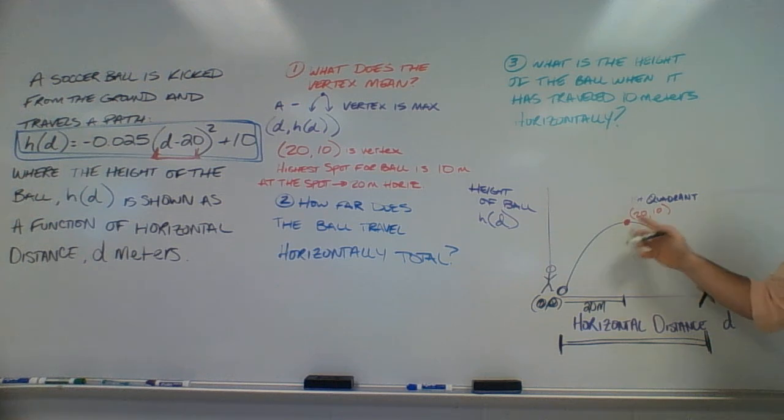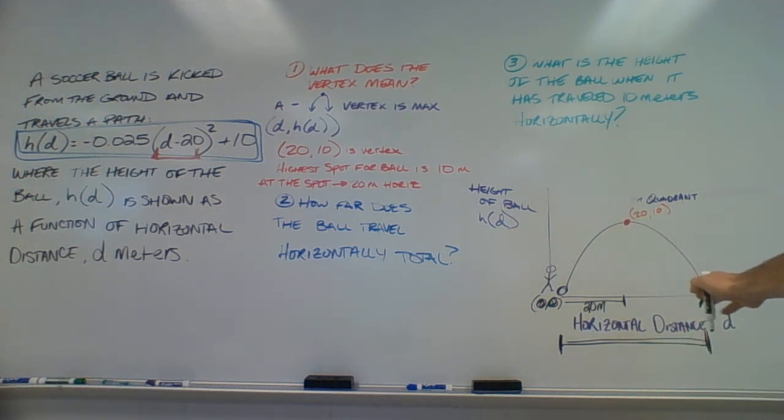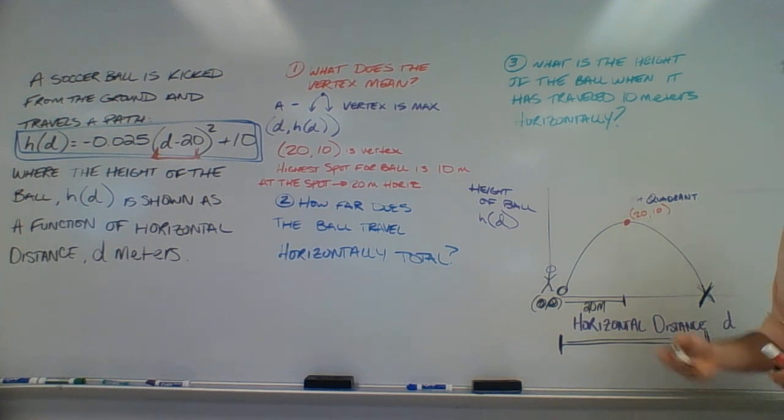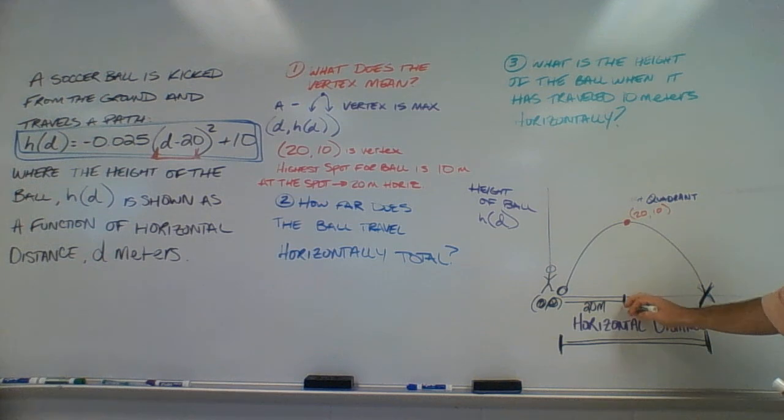Again, the vertex here is at 20, 10. Horizontally speaking, we've traveled 20 meters so far. Since the vertex is a midpoint and we have the mirror and we're looking for the other spot when the ball has landed, you can go ahead and assume that it will be 20 meters horizontally from the vertex to when it actually lands.